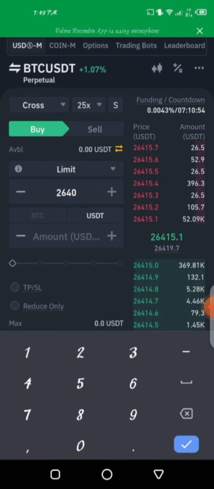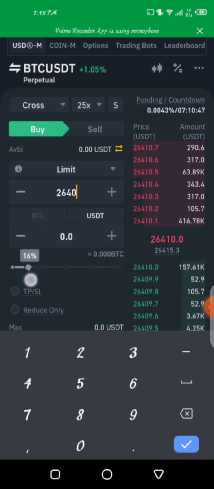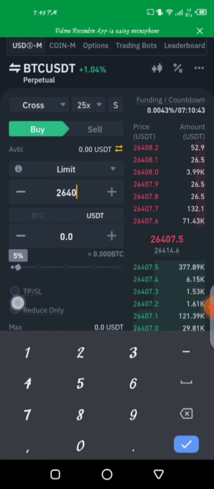I'm willing to use 25x leverage, then 5% of my entire capital. How do you set 5%? You come here, you look at the percentage, let it get to 5. Good. That is 5% of what I have on my balance.